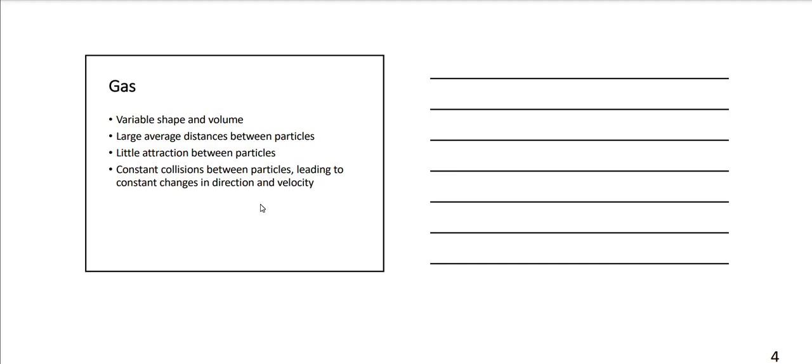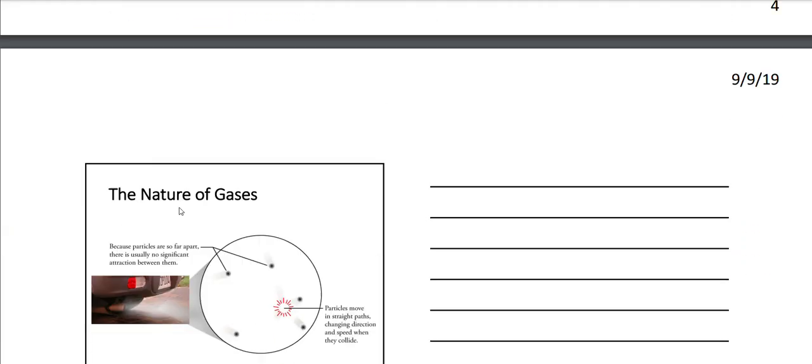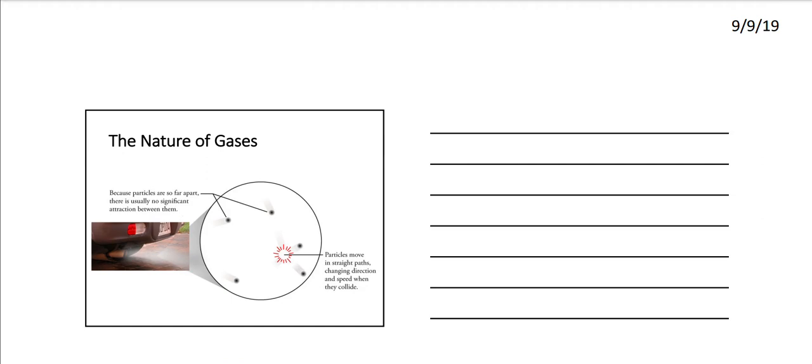Constant collision between the particles leads to constant change in direction and velocity. And we'll look at that one in a second. If you look at the emission of the car, or the material that comes out of a running car engine, obviously you're using liquid and then transferring that into a gas. The gases that come out of the car, either nitrogen oxides or methane or carbon monoxide or whatnot, are coming out in gaseous formation.